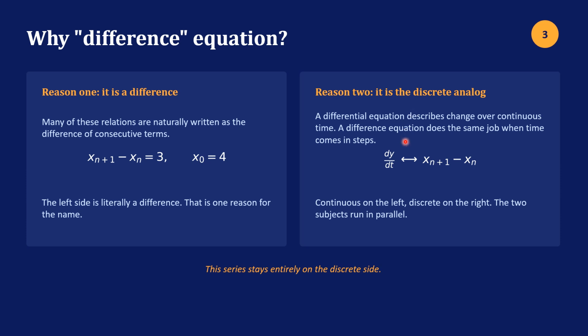So your dy/dt in calculus is similar to the recurrence relationship that we've seen. So continuous on the left and discrete on the right. The two subjects run in parallel. We're going to just focus on the discrete side here.